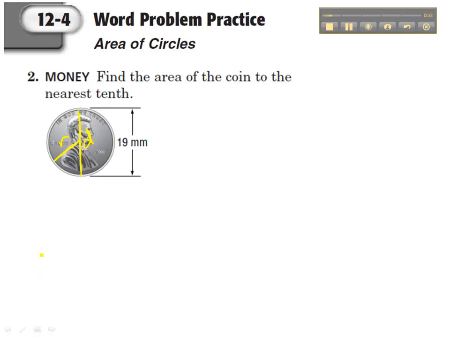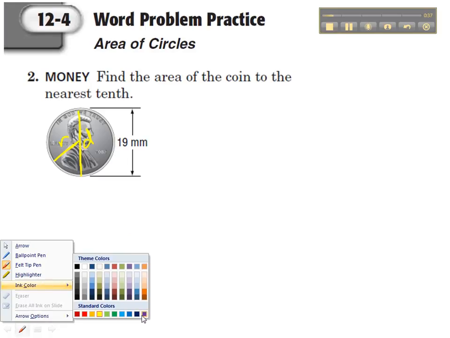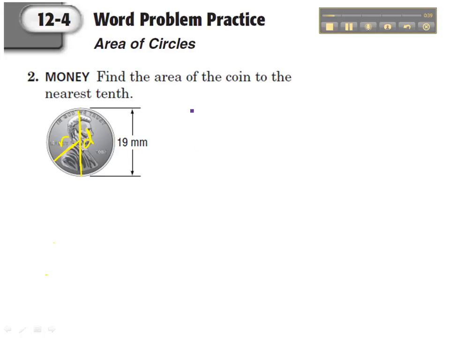So radius equals 1/2 diameter. So the radius equals 1/2 of 19. We know 1/2 times a number is the same as the number divided by 2, so 19 divided by 2. There are 0 2's in 1, and then there are 9 2's in 19. 9 times 2 is 18.